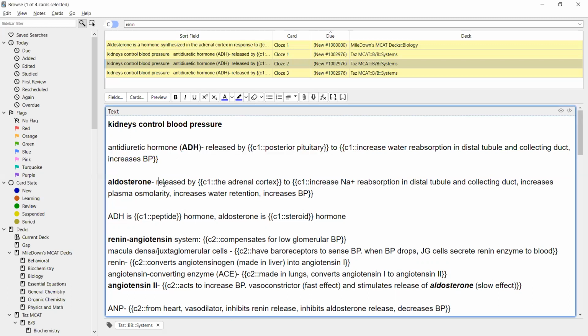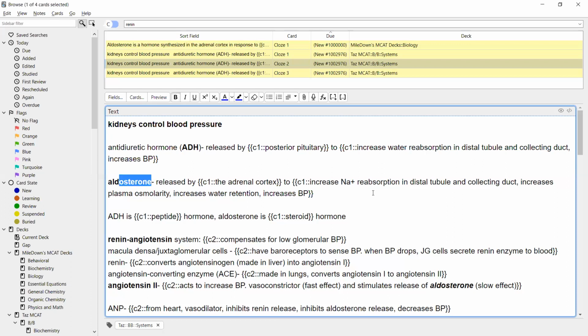There are two things that do very similar things with one major difference, okay? Both of them are increasing blood pressure by increasing water reabsorption, okay? That's the main thing. The question is, how do they do it? Antidiuretic hormone does it just by taking the water in.